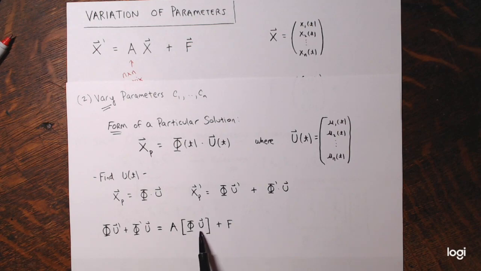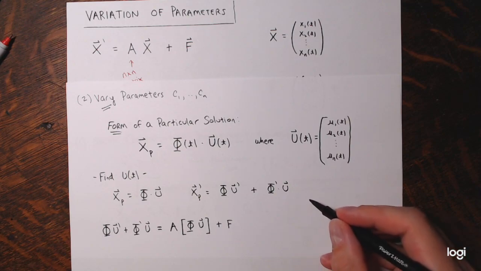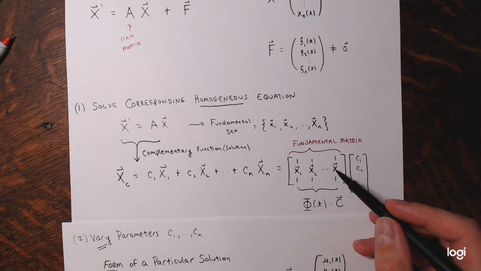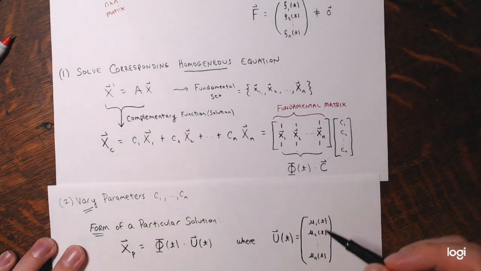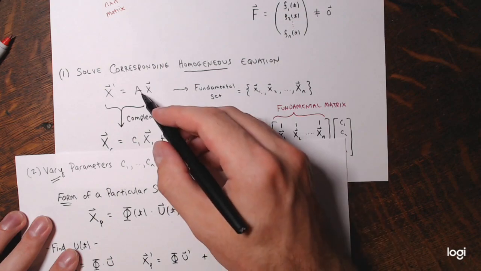Now, if we go back and use the fact that this matrix phi is made up of the fundamental solutions of the corresponding homogeneous, then phi would be a solution of the homogeneous equation. So going back to the homogeneous, we would see that phi prime can be replaced by A times phi.